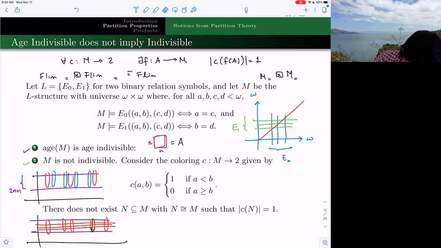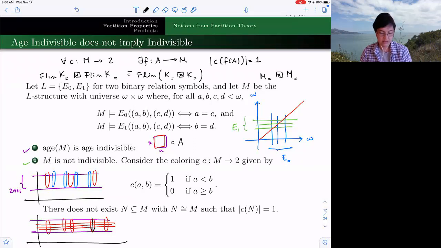Class of all finite sets. So in fact, I believe what we have here is a Fraïssé limit. There's no linear ordering.